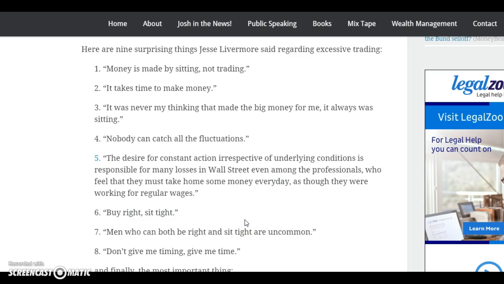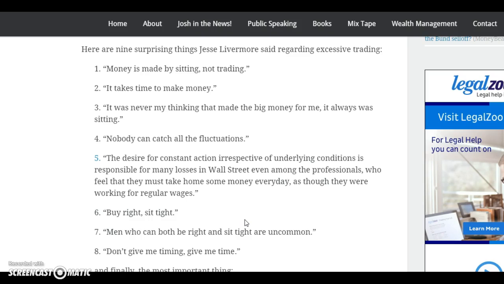There are tons and tons of quotes in Livermore's book about sitting in your trades, and that's how you make big money. You don't make big money jumping in and out of stuff all the time and being this madman gunslinger. Time positions properly, get into big trades, and you just sit there and add to your positions over time when those times arise.